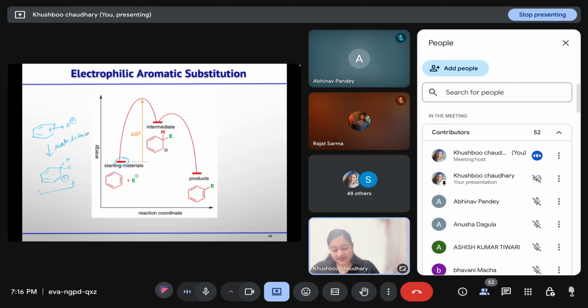The rate determining step must have higher energy, so that's why the energy of going from benzene to the carbocation intermediate is higher, and then that intermediate after the loss of a proton will lead to the more stable aromatic compound, so that's why the energy will decrease. So this is the energy profile diagram for your electrophilic aromatic substitution reaction. Is this clear?